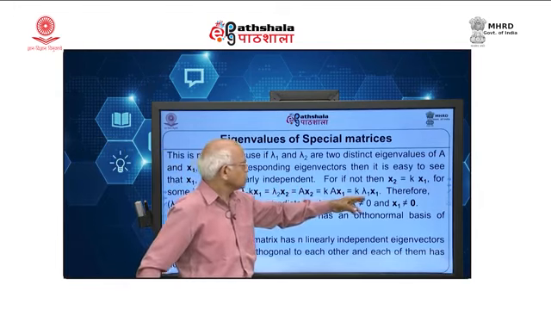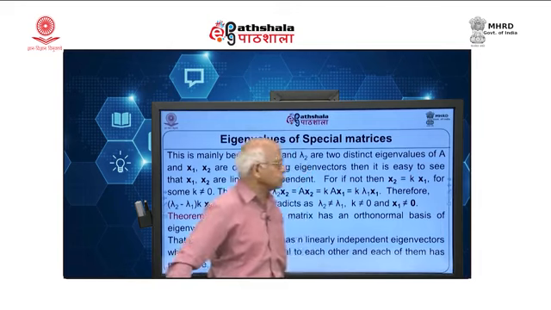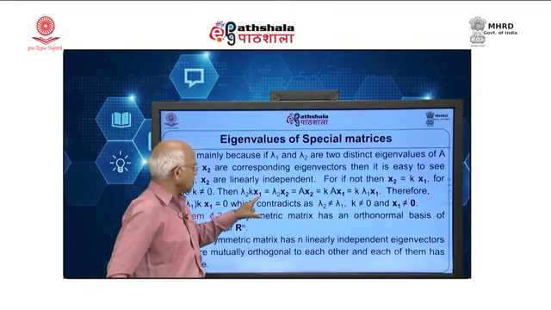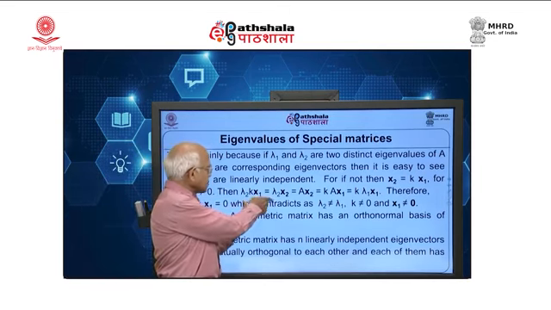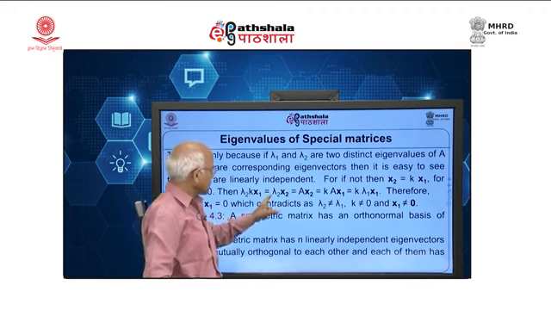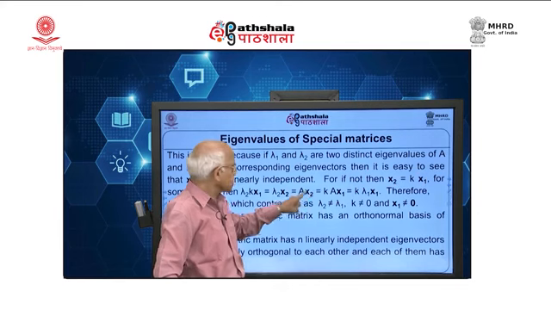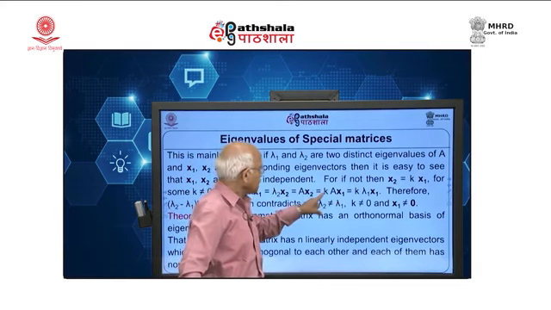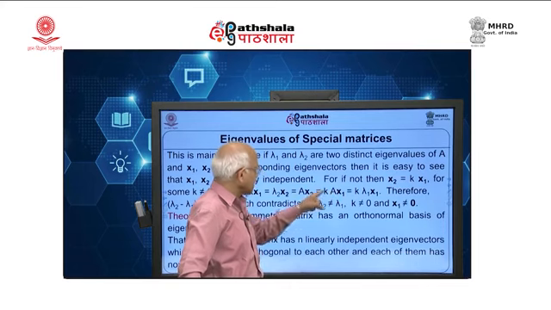Suppose they are not, then x2 bar will be a multiple of x1 bar, and therefore, we will get here for some k not equal to 0, lambda 2 into k x1 bar will be the same as lambda 2 x2 bar, because k x1 bar is x2 bar. But lambda 2 x2 bar is A x2 bar, because it is an eigenvector corresponding to lambda 2, and again I will write k x2 bar, I can write it as k x1 bar.